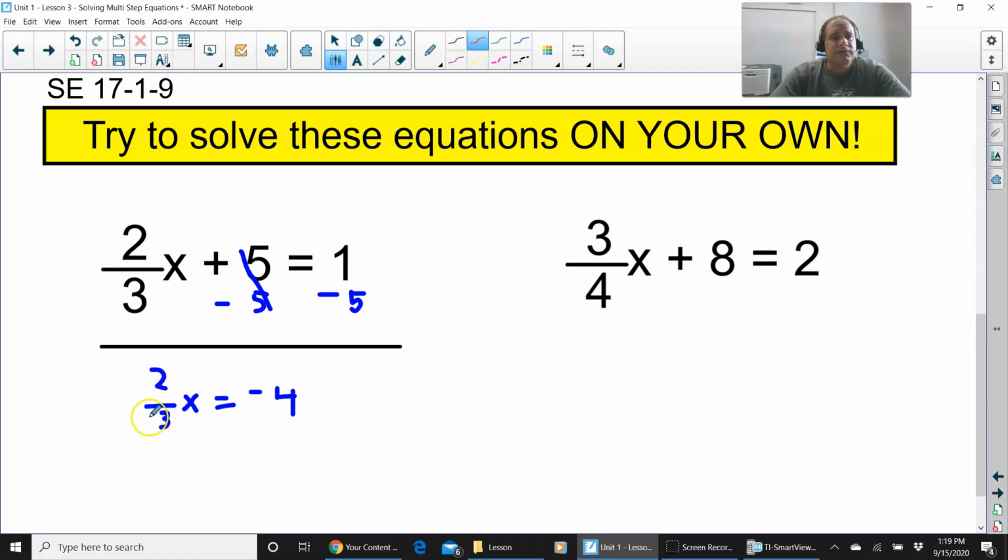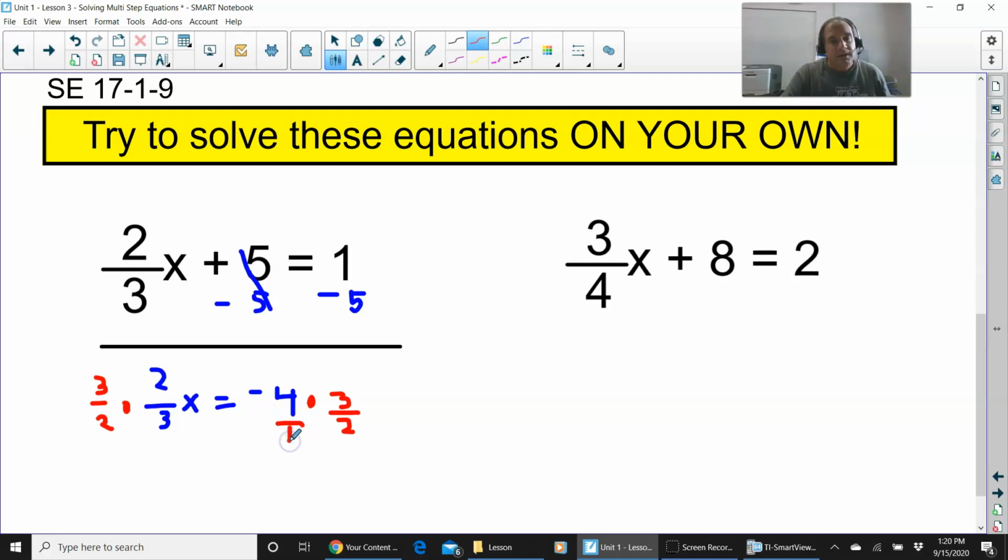All right, this right here is a fraction. If you multiply 2/3 by its reciprocal, which you're going to switch the numerator and the denominator, all it does is cancel it out. And look what happens. I'm going to put a dot right here, and I'm going to put 3/2, which is the reciprocal of 2/3. And I'm going to put 3/2 here. And remember, this -4 really has a 1 underneath.